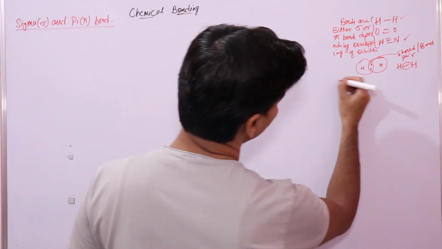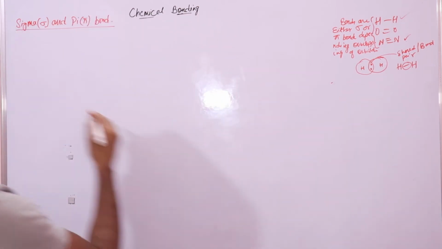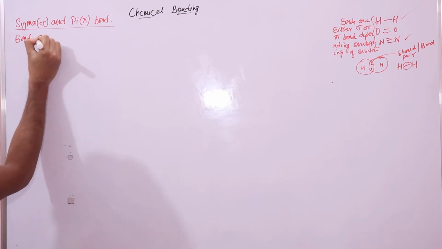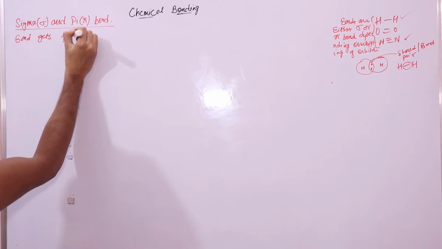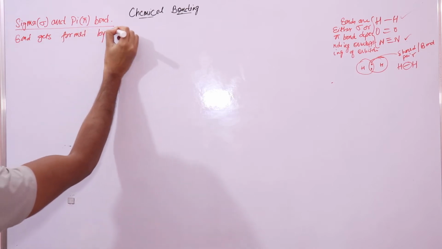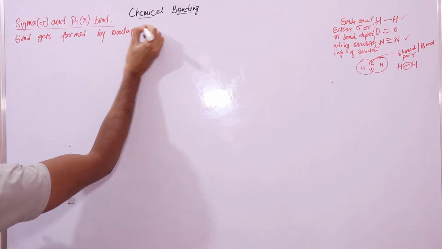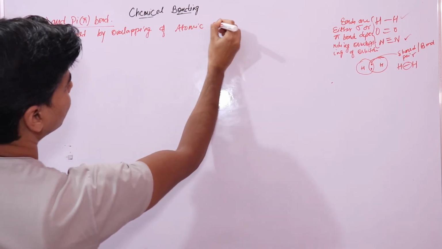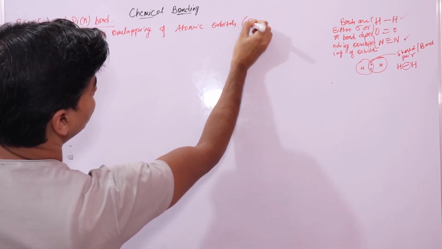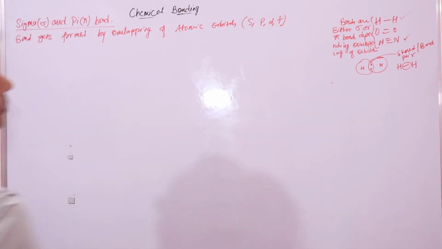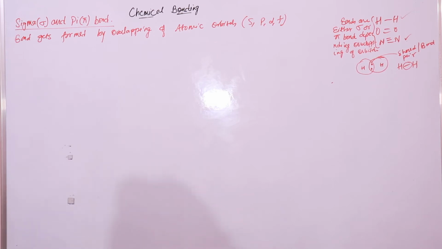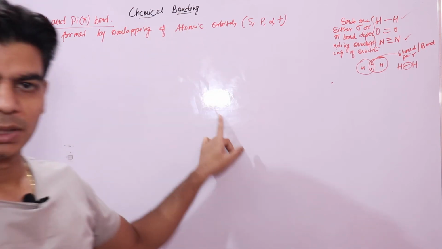A bond gets formed by overlapping of atomic orbitals. And what these orbitals are, s, p, d, f orbitals. We'll mainly deal with s, p, d orbitals in this chapter. So a bond gets formed by overlapping of atomic orbitals.